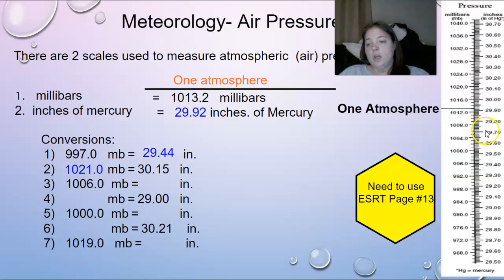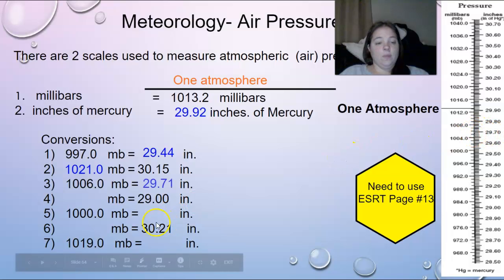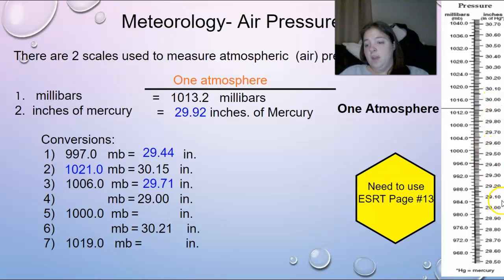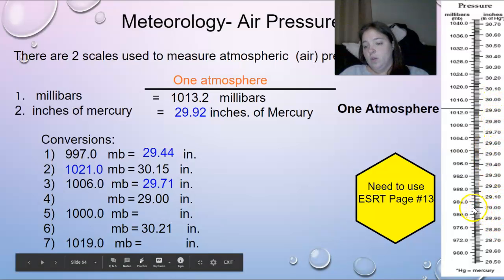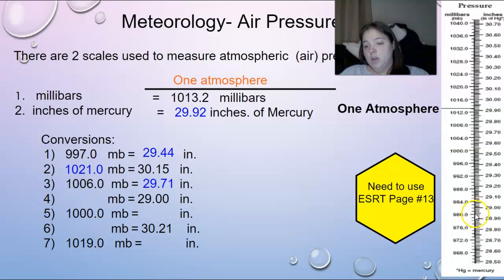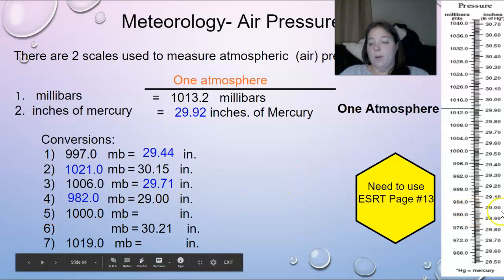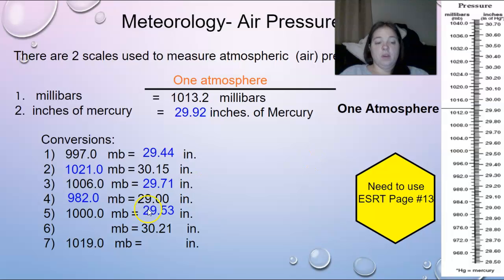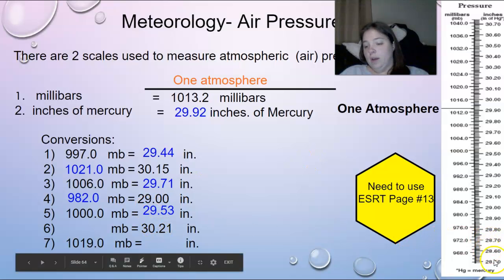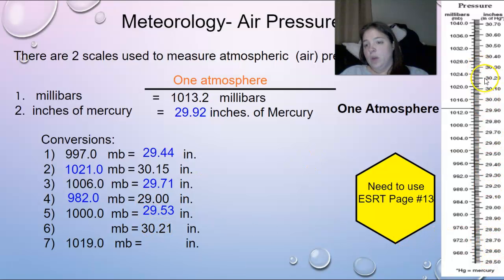1065 across, 29.71. All right, let's look at this. 29 even is right here. Go across. Looks like 982. How about 1000? I'm going to go across. I'm going to go 29.53. 30.21. Let's go up here. 30.21.